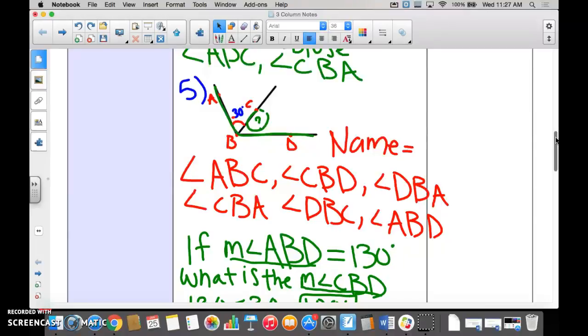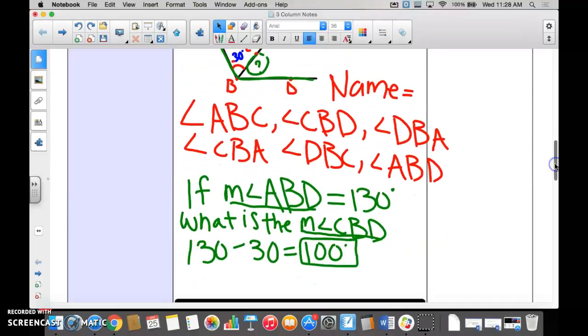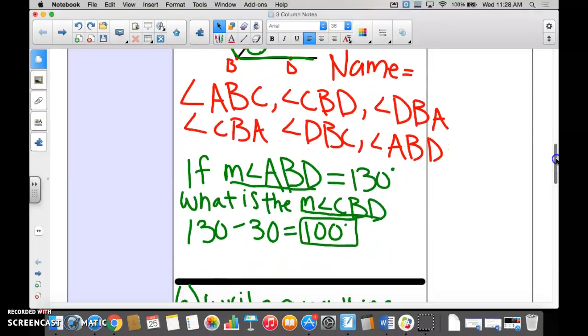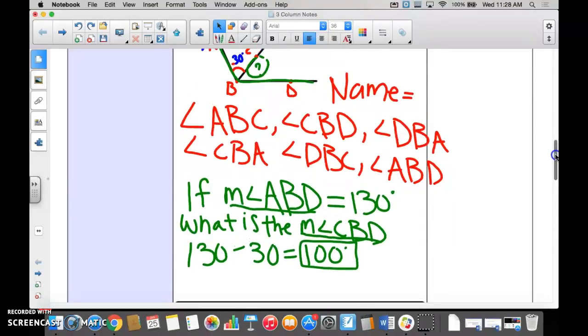Subtract. 130 from 130. Yep. What? I mean, yeah, 30 from 100. Subtracted what? 130 minus 30. Yes. And we got what? That's okay. 100. Yep, exactly. So we know that the measure of angle CBD is 100 degrees.